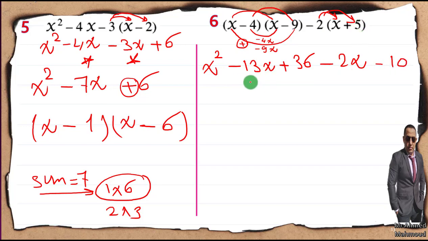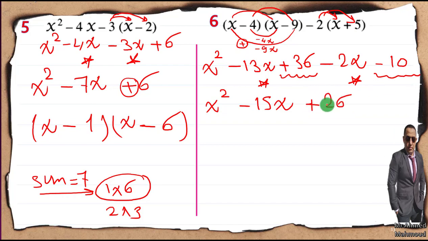Now the like terms, negative 13x and negative 2x, so it will be x^2, negative 13 minus 2 equals negative 15x, and 36 and the negative 10, 36 minus 10 equals positive 26.